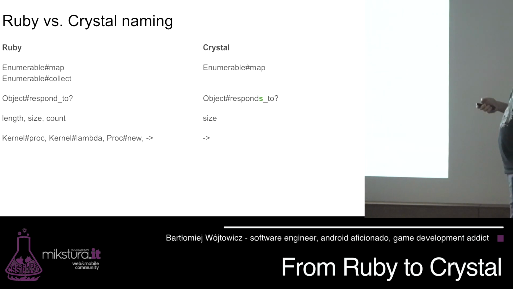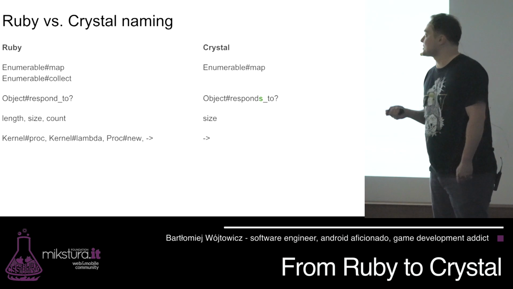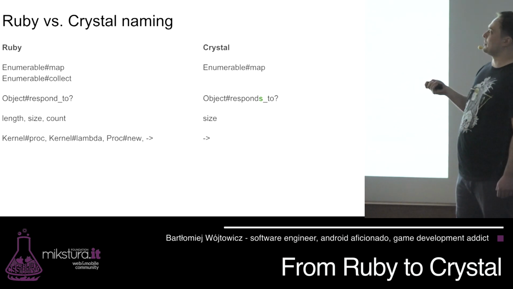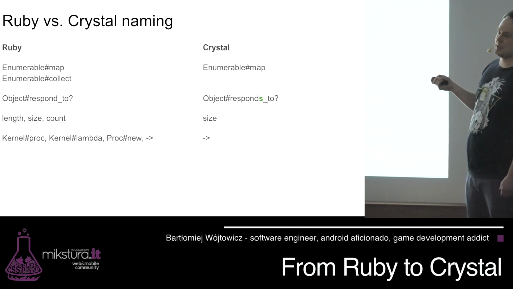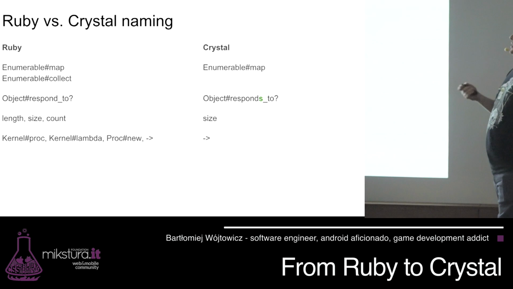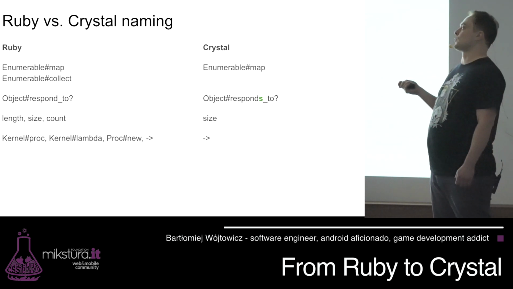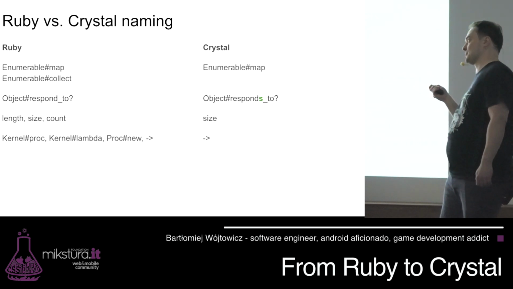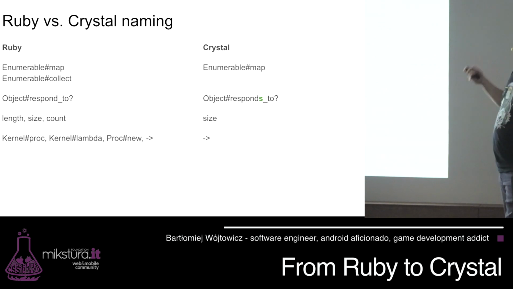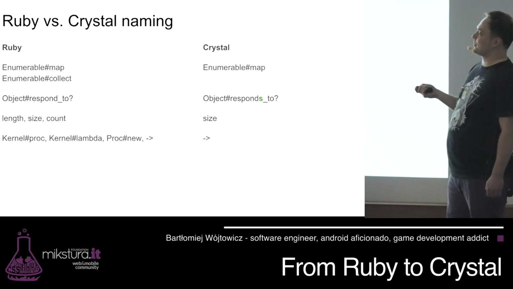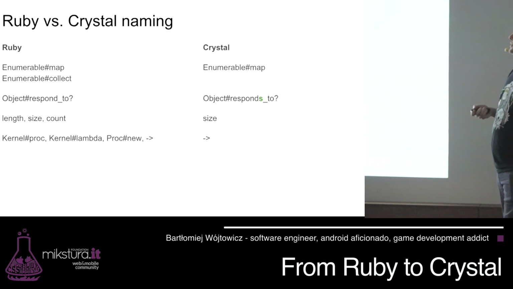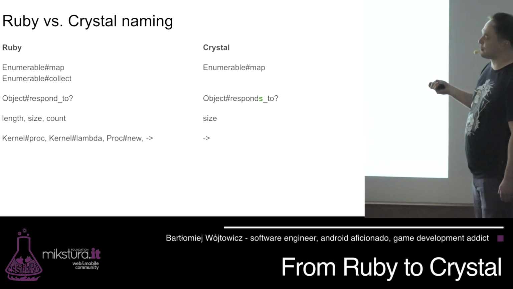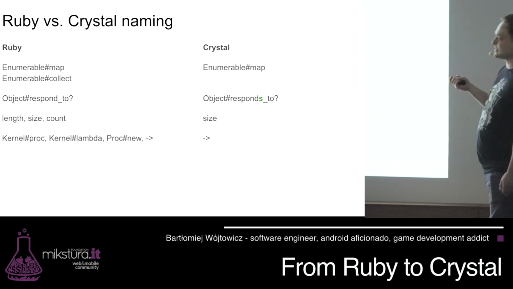Okay, so there's some naming changes. So for example, in Ruby, for every two methods that do the same, like map and collect, in Crystal there is only one. And usually it's better named. Like for example, for Ruby inject, in Crystal there's a reduce, etc. So again, also like if you have method that respond_to? exist in Ruby, in Crystal usually it will be responds_to?.